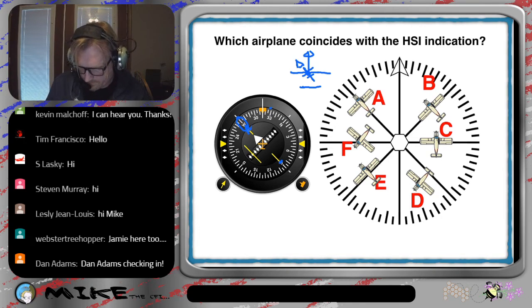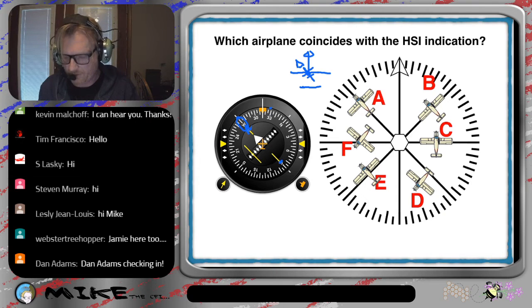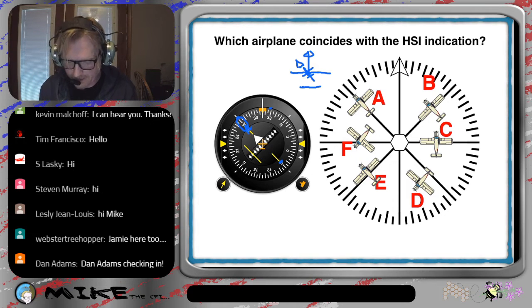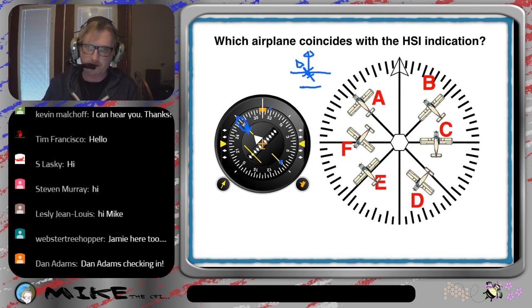So if you're looking at this on a phone or a tablet, just rotate your display to where north is facing up, and it shows that the VOR is off to your left and the course line is down to the south of you, relative to you.